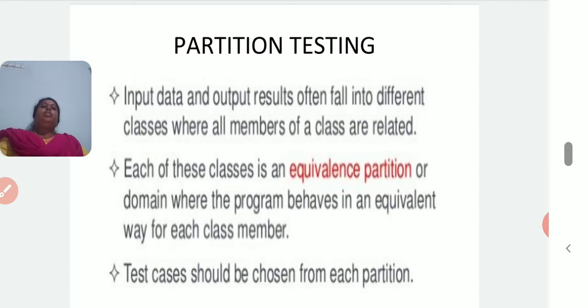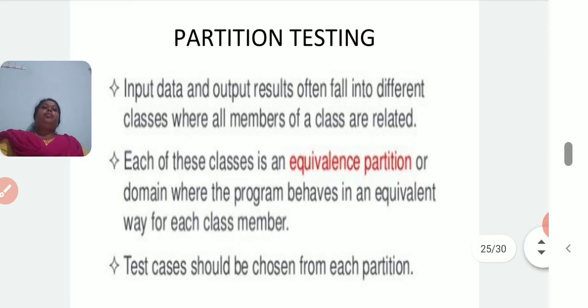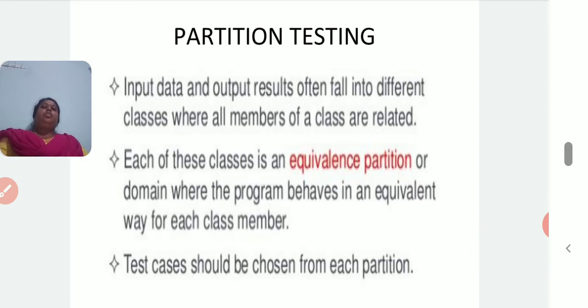Next is partition testing. Partition means dividing into separate parts. You take the set of inputs and output results, and they fall into different classes where all members are related.